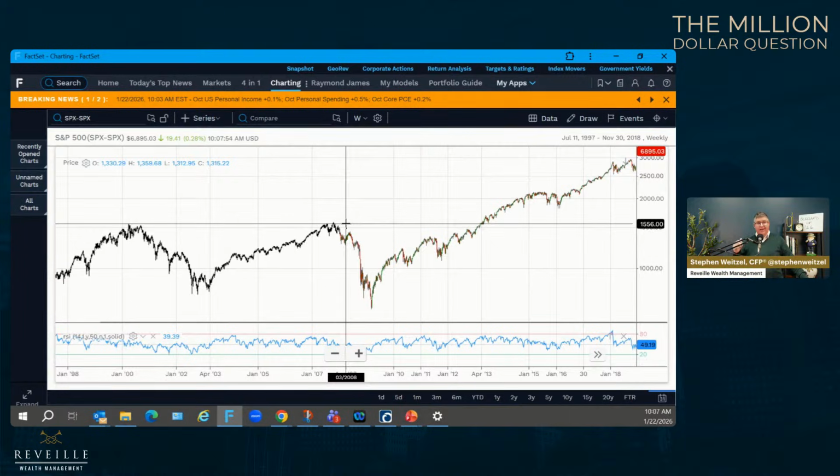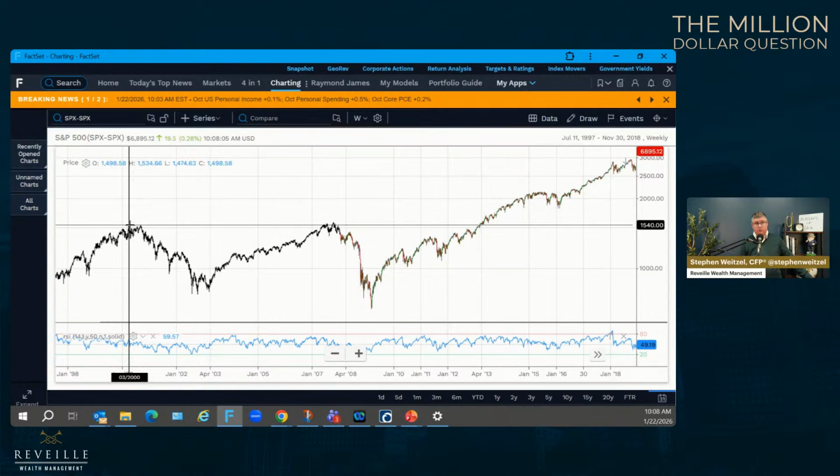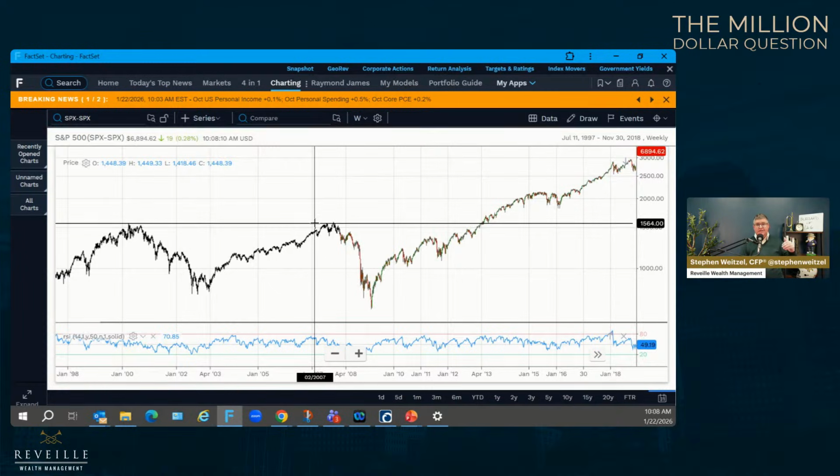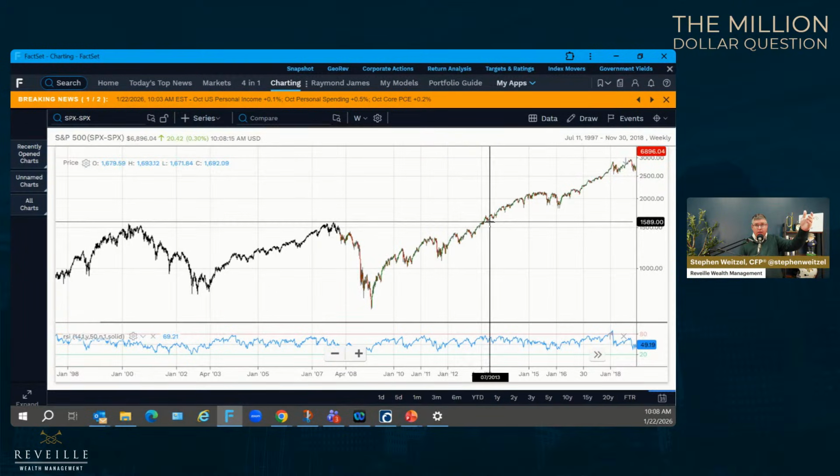Polarity. And the idea behind polarity is that former resistance will remain resistance until we have eclipsed those levels, at which point in time it will turn into support.